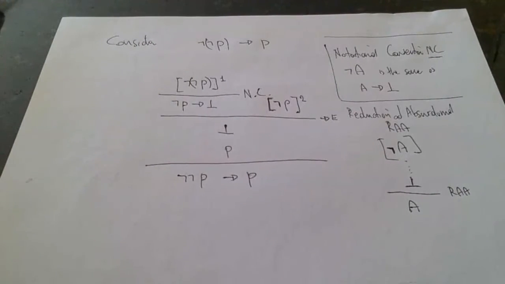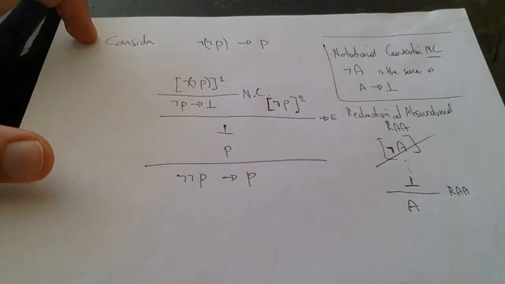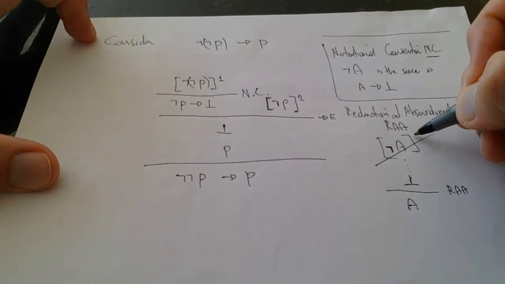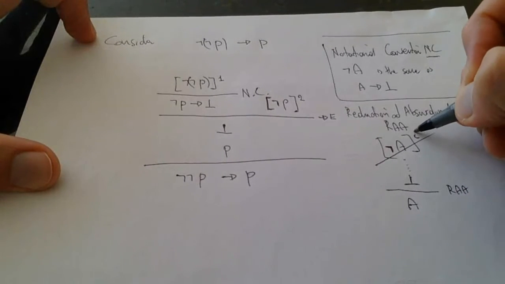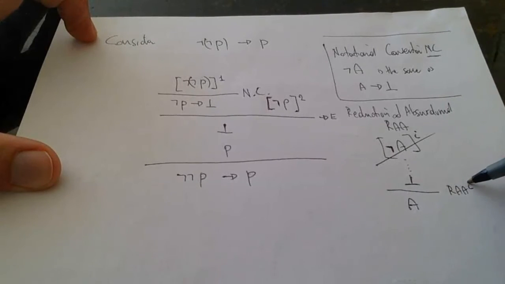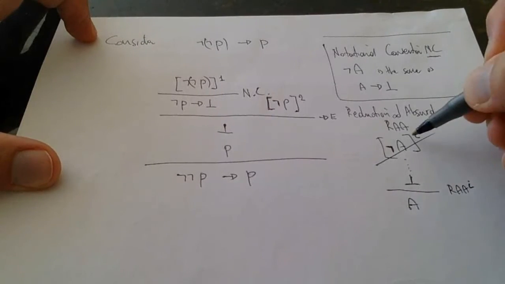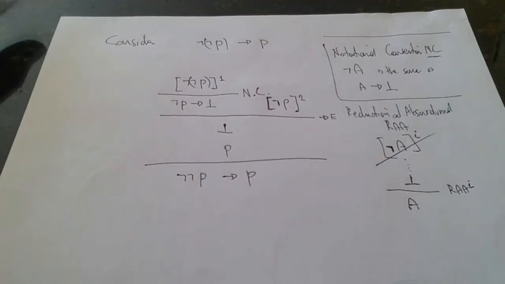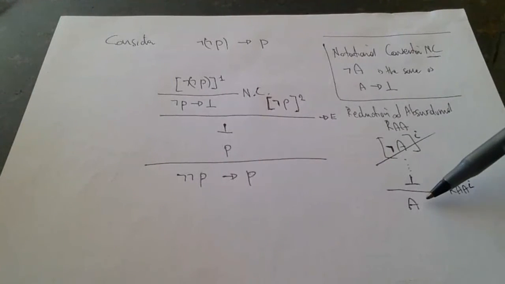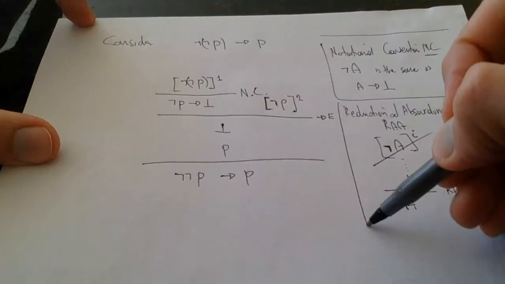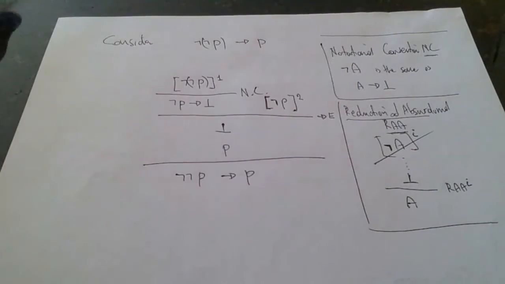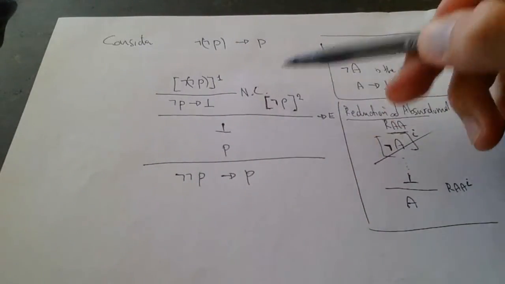But that's not all. Once you do that, you can cancel not A. Suppose you've labeled not A with a certain number i, and you can index this here, showing that this is connected to this. So if you assume not A, you get to the contradiction, then you can write below the line A, and you remove not A as your assumption. This is the rule of reductio ad absurdum. Now I can apply this rule here.